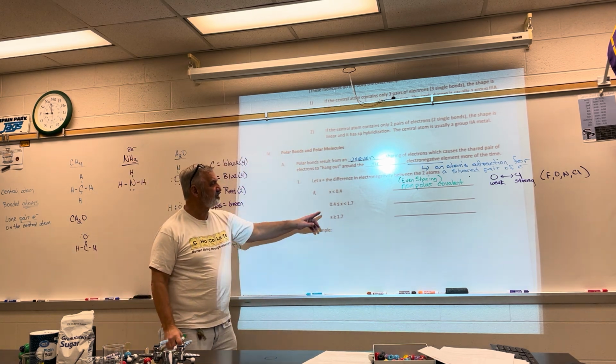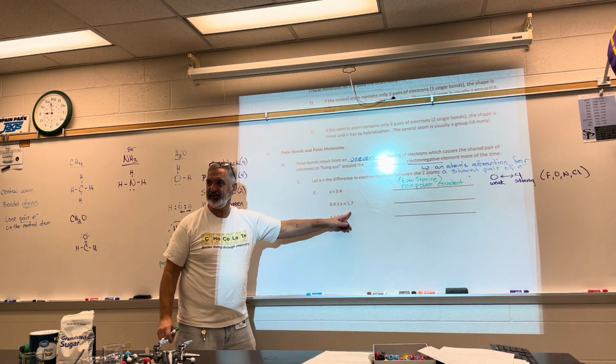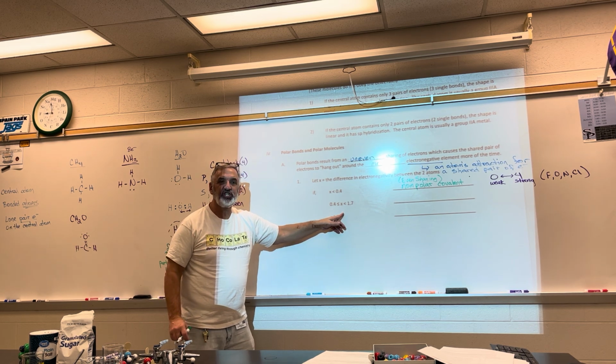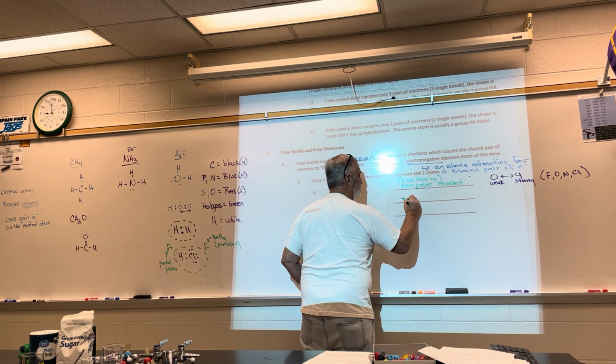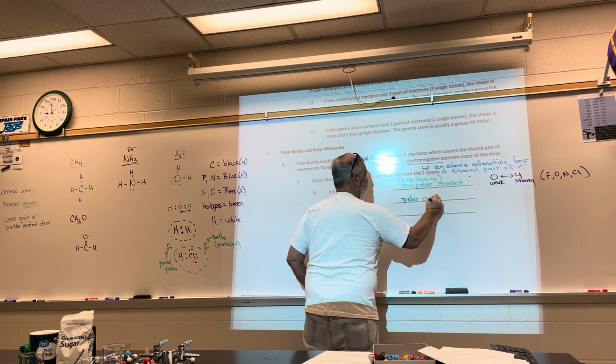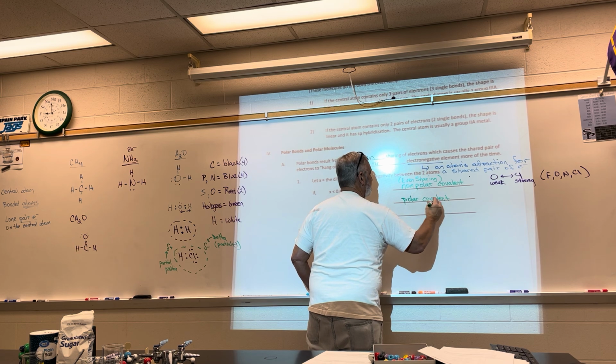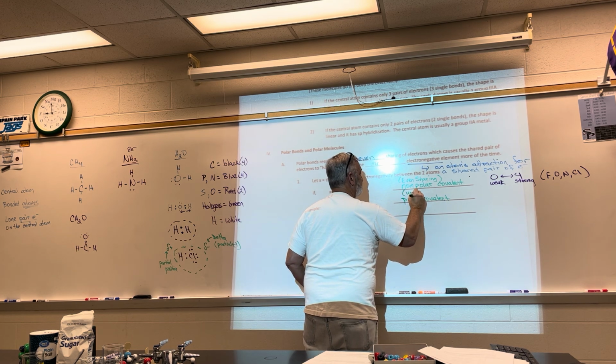But if the difference is between 0.4 and 1.7, now this is an uneven sharing, so we're going to call it a polar covalent bond, which is an uneven sharing.